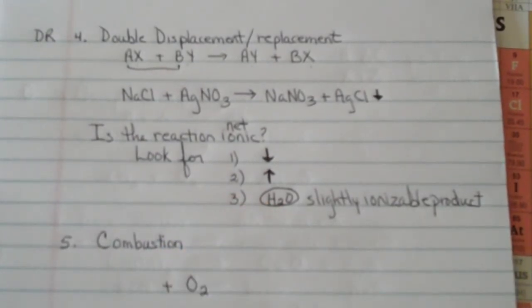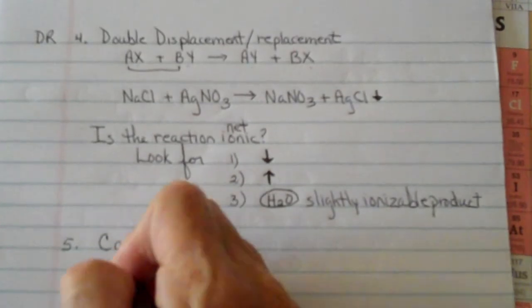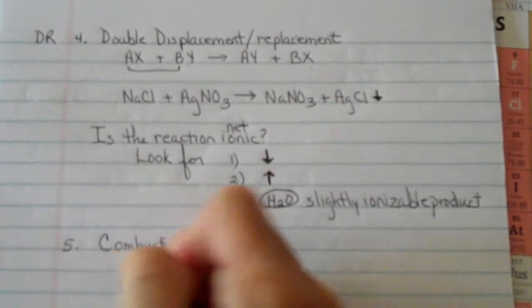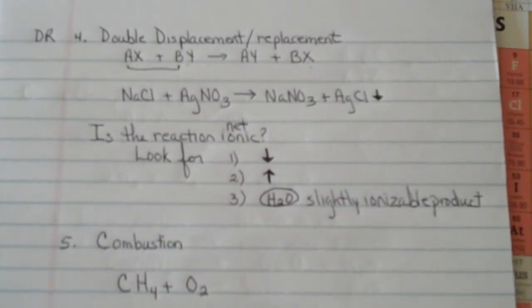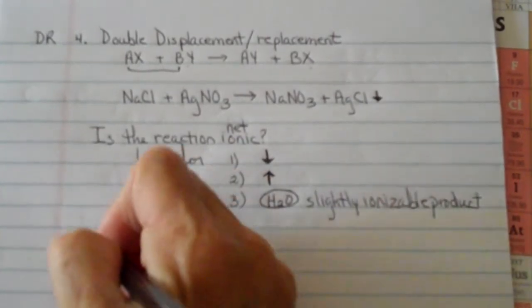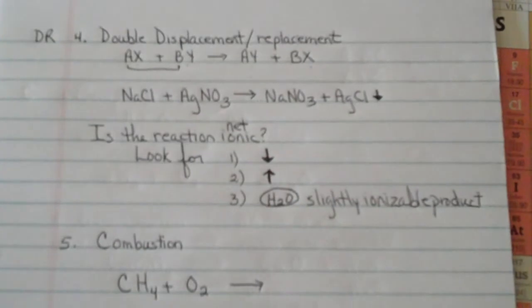At this point, you don't have a lot of information you could use to make combustion reactions, except for this. If you have any type of a hydrocarbon, any compound that contains carbon and hydrogen, like CH4, methane, burning any hydrocarbon, okay, so I'm going to write it in slightly different terms.